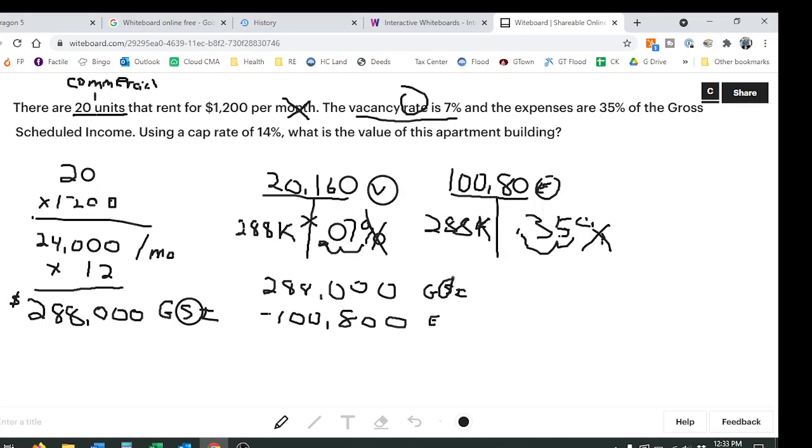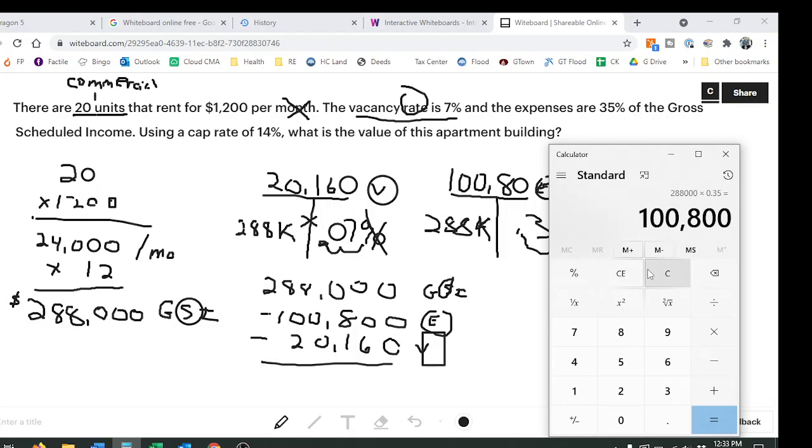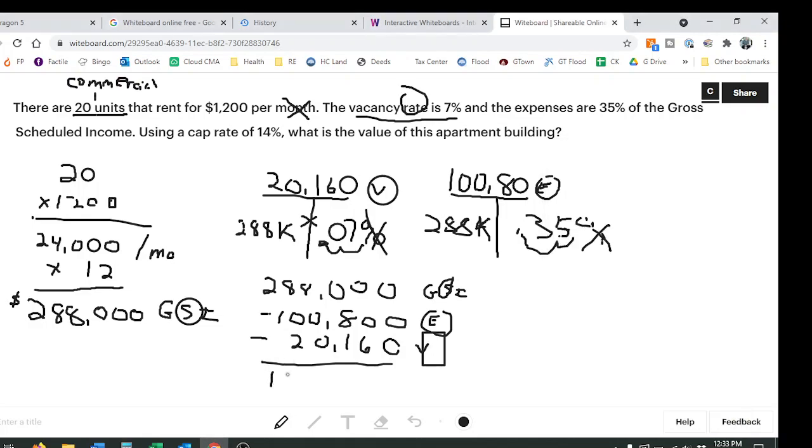Let's go to the calculator: 288,000 minus 100,800 minus 20,160 equals $167,040.